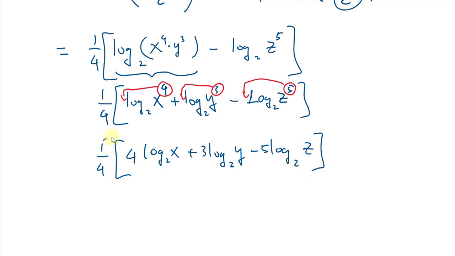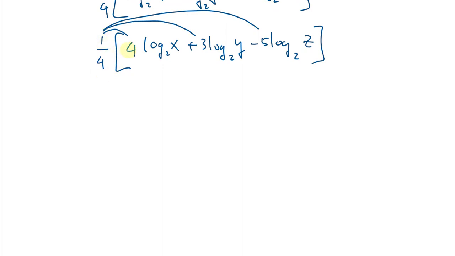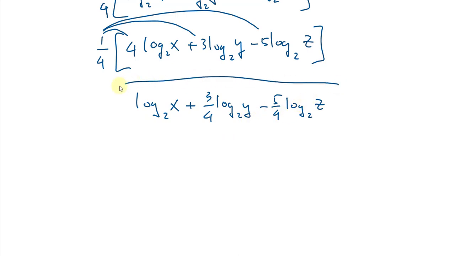And then we're going to make the distribution of 1/4 to each of the terms inside. 1/4 multiplied by 4, that becomes 1. So log base 2 of x. 1/4 multiplied by 3, that's 3/4 log base 2 of y. 1/4 multiplied with minus 5 is minus 5/4 log base 2 of z. And this is the sum or the difference between the logs. And that is your final answer.